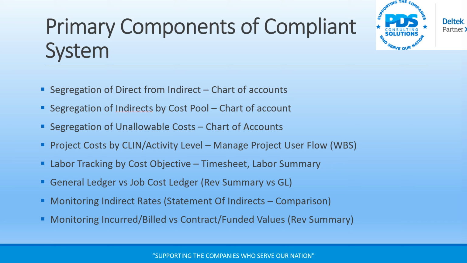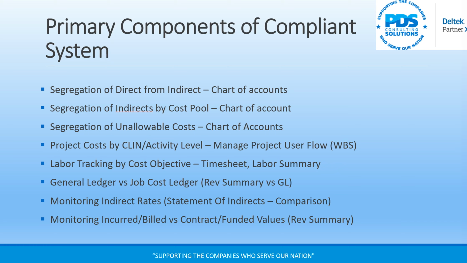So then within that, we're going to look at project costs and how they're tracked by CLINs, contract line items, and activity levels. So within Costpoint, where we handle that is in the project user flow, which is the area where we come in and set up our project work breakdown structure, the WBS.